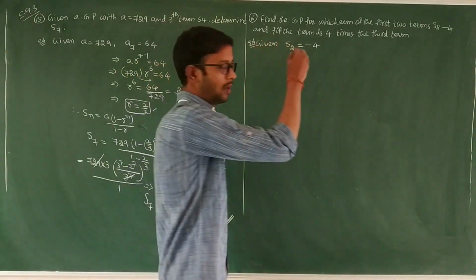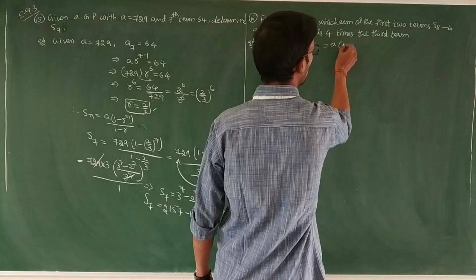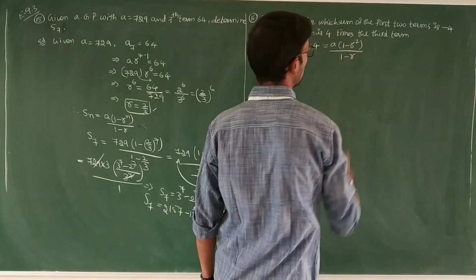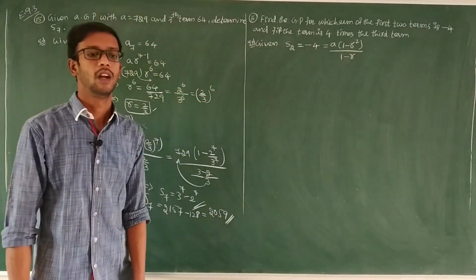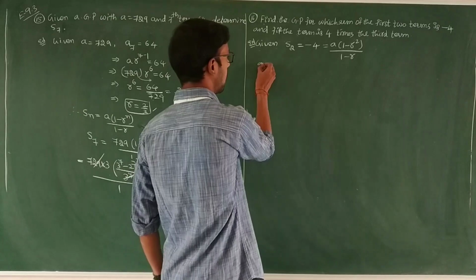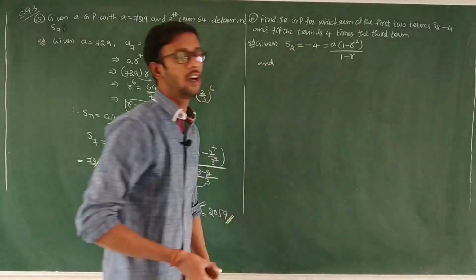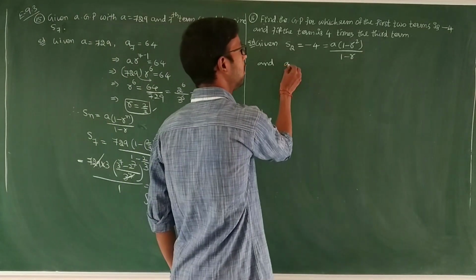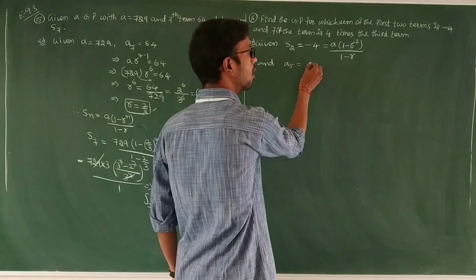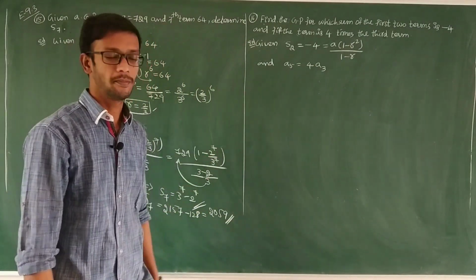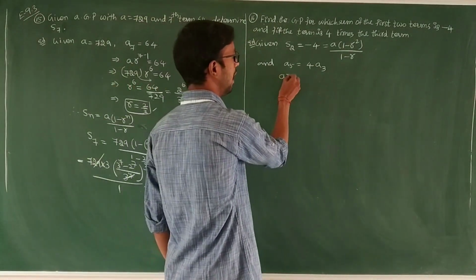That is equal to, you can write the formula, A into 1 minus R square by 1 minus R. And one more thing they have given: the fifth term is 4 times the third term. So now substitute and simplify this one.